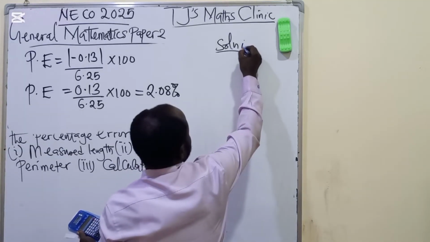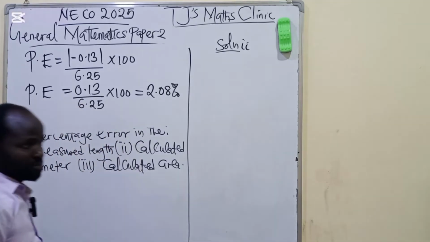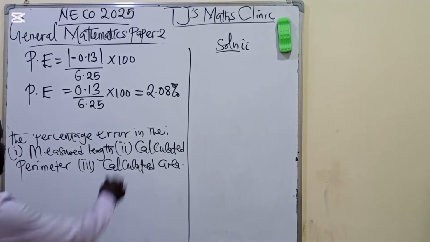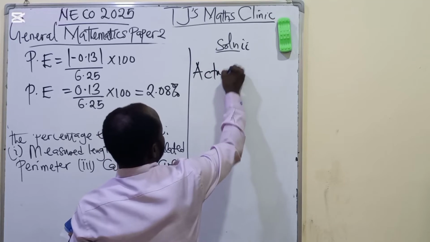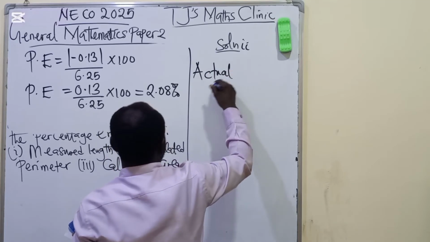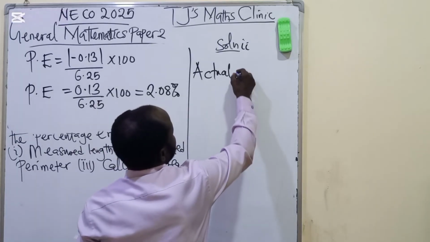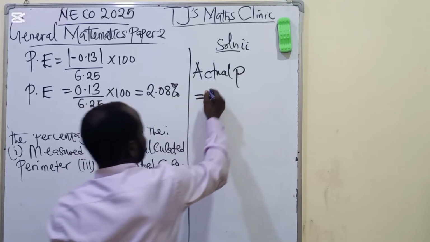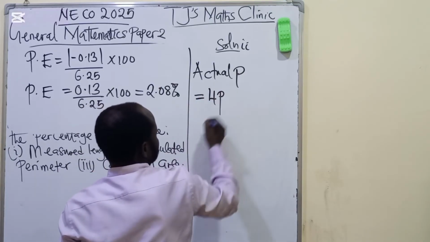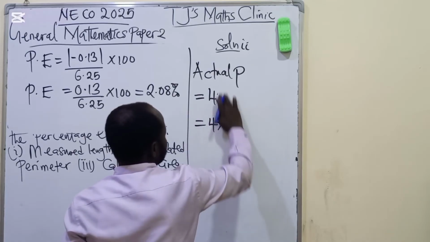Very important. Let's look at the actual perimeter and the measured perimeter before we can find the calculated percentage error. So, the actual perimeter P will be equal to the perimeter of a square, which is 4L.